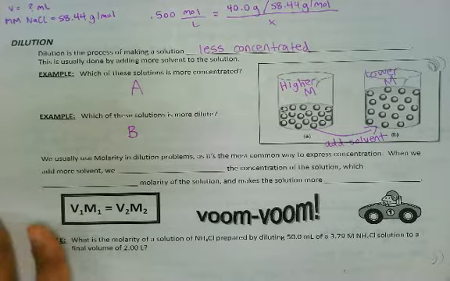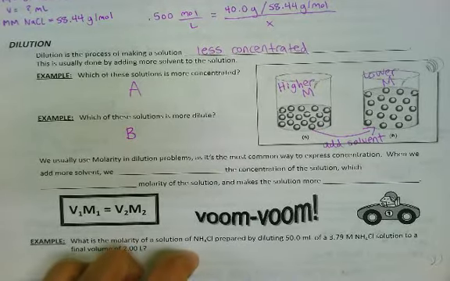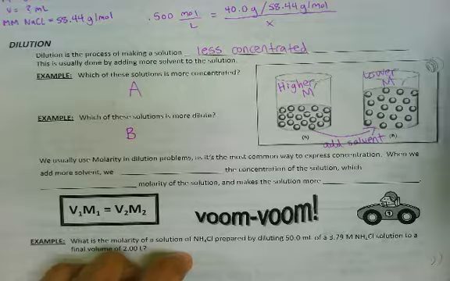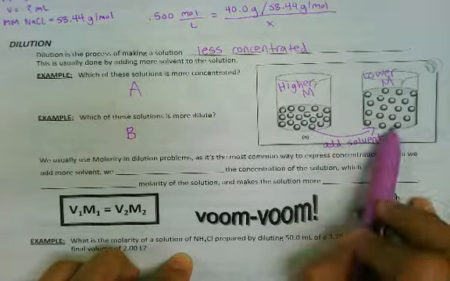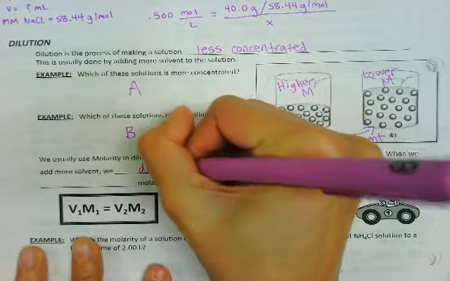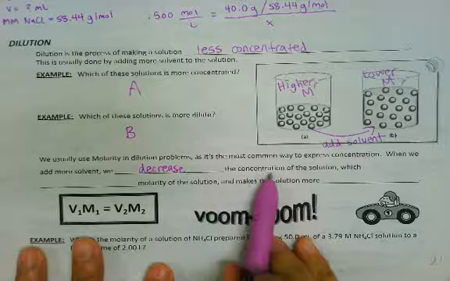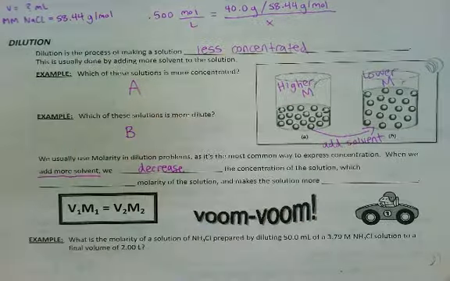So we usually use molarity in dilution problems, which we're about to tackle right now. It's the most common way to express concentration, and when we add more solvent, as we said is probably the case from here to here, we decrease the concentration of the solution.